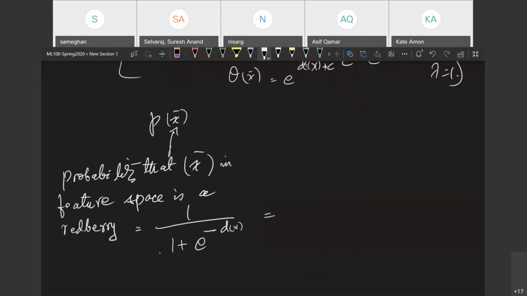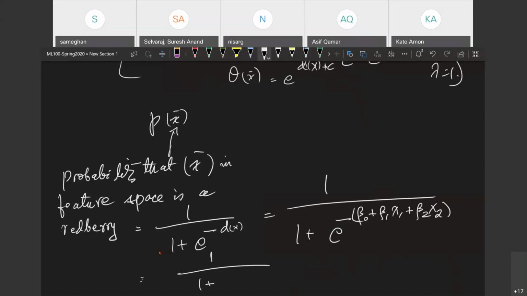Now, when I expand the value of d, it is e to the minus beta naught minus beta 1 x1 minus beta 2 x2. If I put all the minuses together, it will be this. And this is also written as e to the minus z. It is the famous logistic equation.